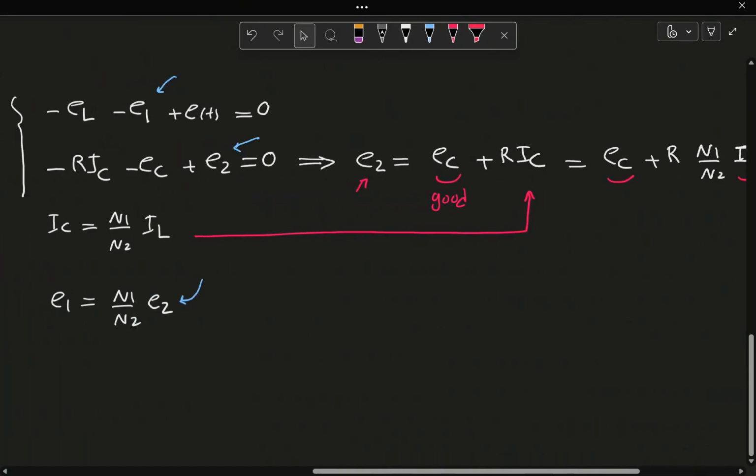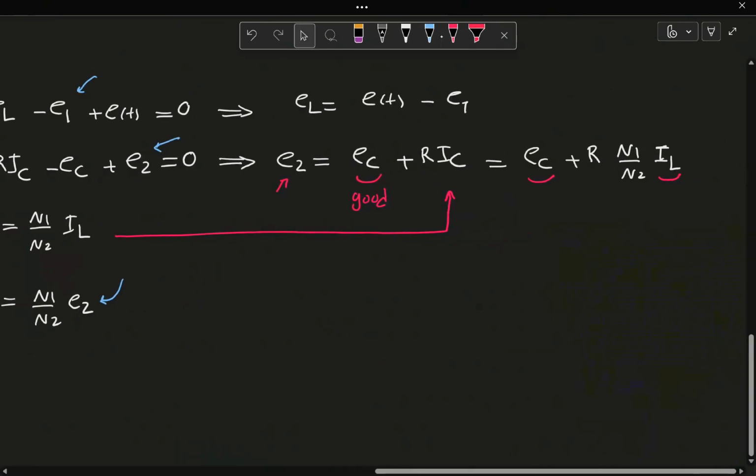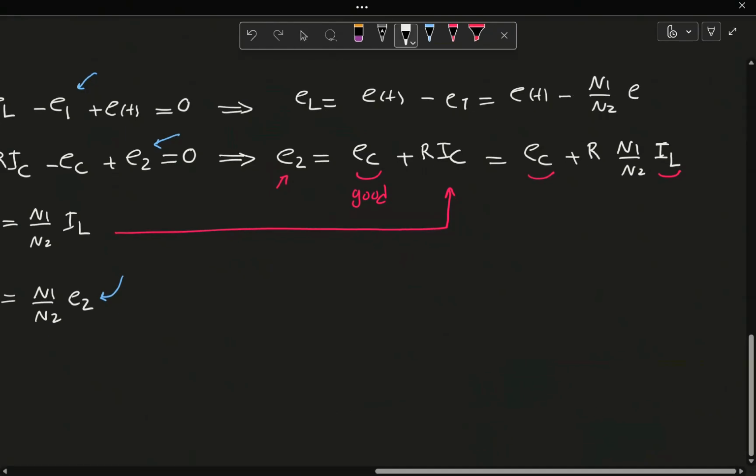Okay. Now that you have this, go to the first equation, solve the first equation for EL. Your EL is in fact equal to ET minus E1. And you guys have a relationship for E1. What was the relationship for E1? It was N1 over N2 E2. Yes. So this is going to be ET minus N1 over N2 E2.